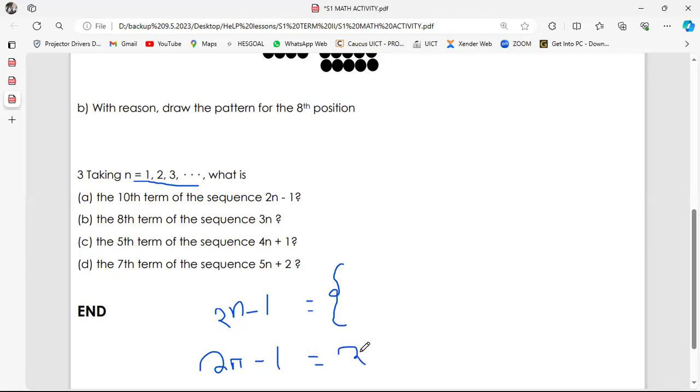Then we subtract 1 from 2n. 2n minus 1 equals 1 minus 1.